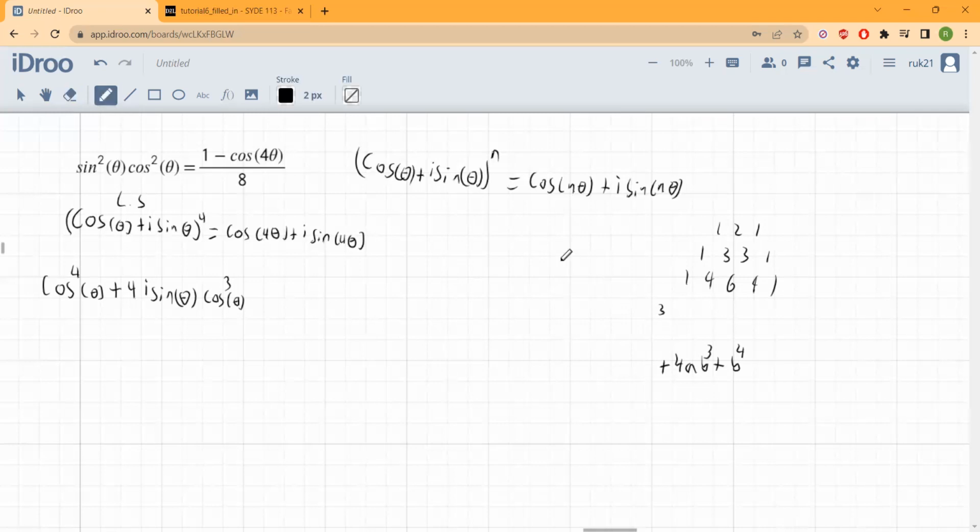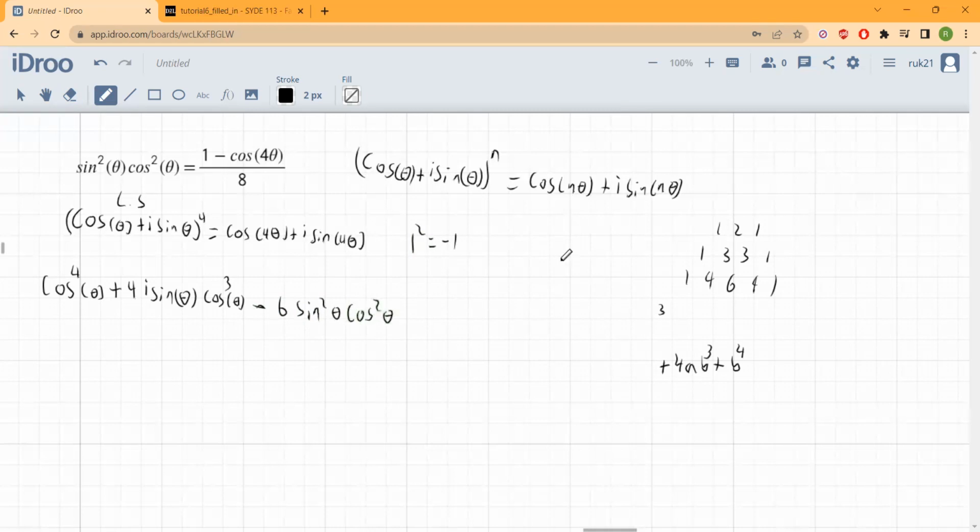Next we're going to have i squared sine squared, and if we remember, i squared is equal to -1. That's why what we get next is a subtraction. We get minus 6, and since i squared is -1, the i just disappears, so we get sine squared theta cosine squared theta.